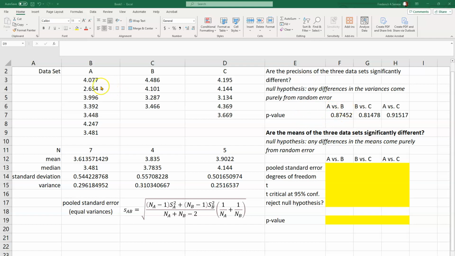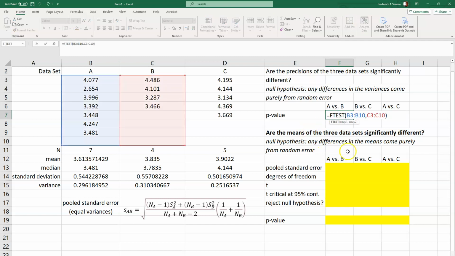We compared data set A versus data set B, and if you look at the other video, you can see this in a little more detail, but we did an f-test here, which you can easily do just by selecting the two data sets right here, and it gives you the p-value for the f-test. What's a p-value?